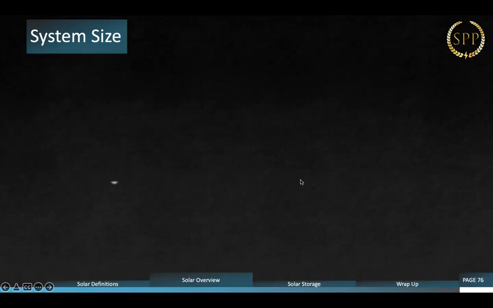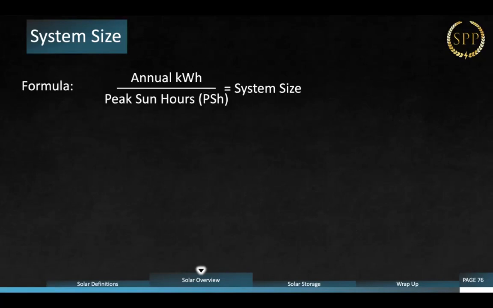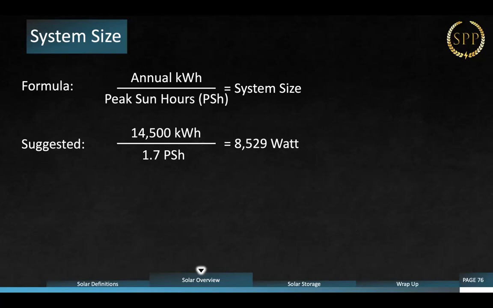So check this out. We're now going through our overview to put some of the stuff together. Here's our formula that we use. We take the annual kilowatt hours divided by the peak sun hours to get the system size. So let's do an example. 14,500 kilowatt hours. Let's say the peak sun hours are going to be 1.7, the factor that we're using, because let's say it's at 180 degree azimuth.